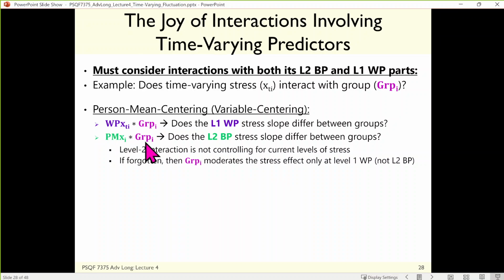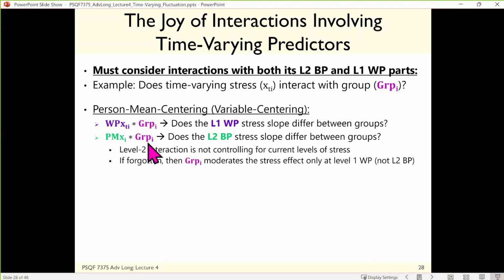So this would be set up the same way that we just looked at: within person X is X at each occasion minus the person mean. Person mean X would be centered at a constant so that 0 means something. If I get this back, then the moderation that I'm asking about is level specific. The group by within person X interaction would tell me the extent to which the level 1 within stress slope differs across groups.